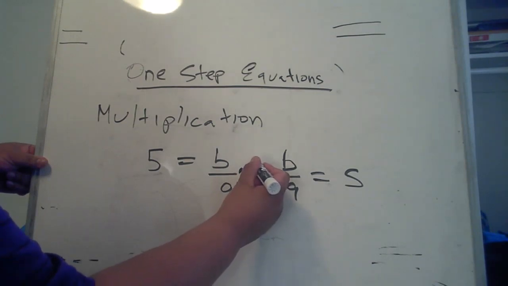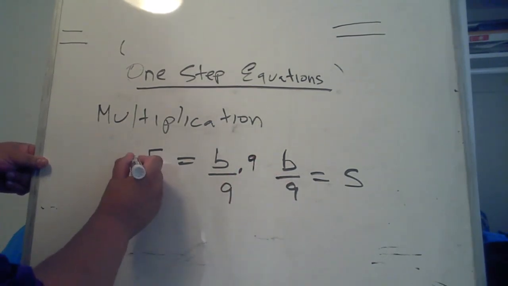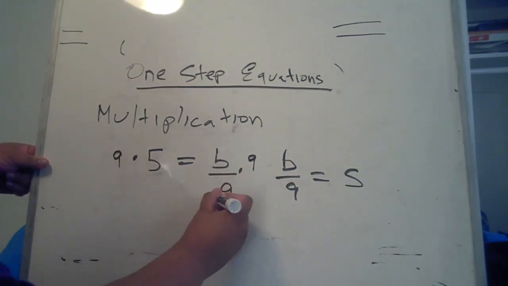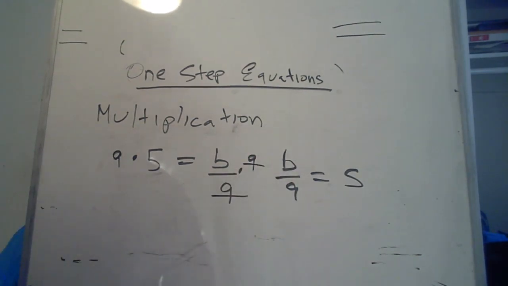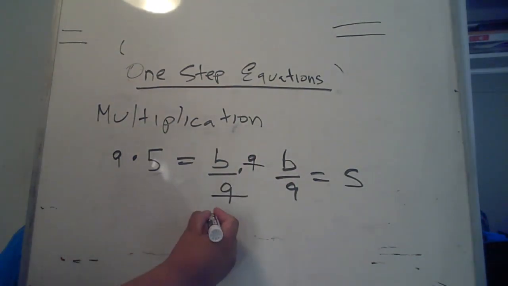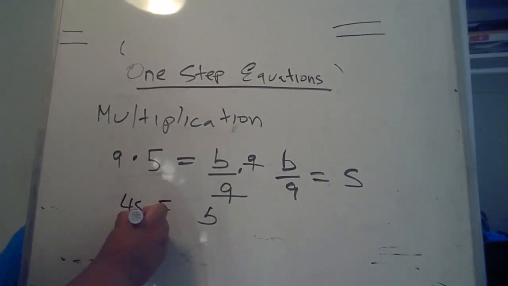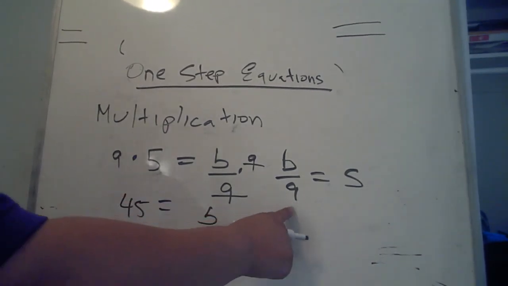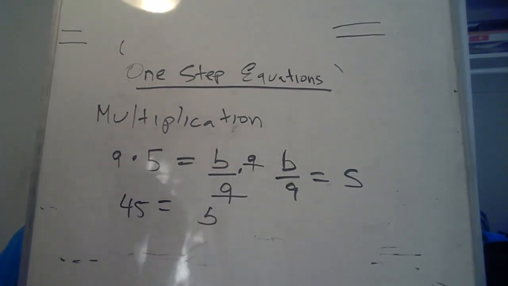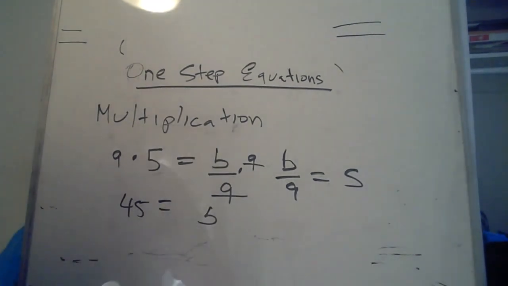We multiply both sides by 9. This cancels, and we're left with v on the left side and 45 on the other side.